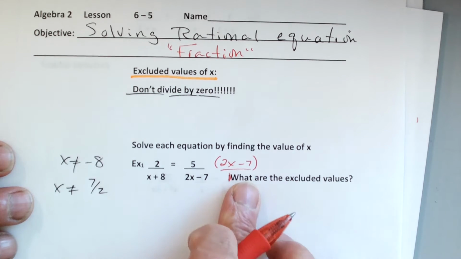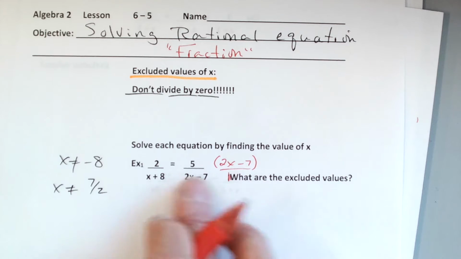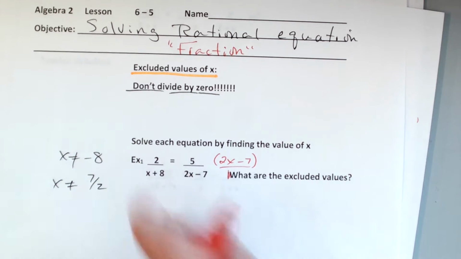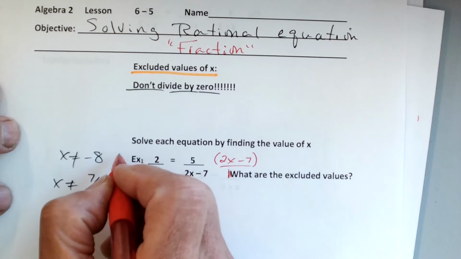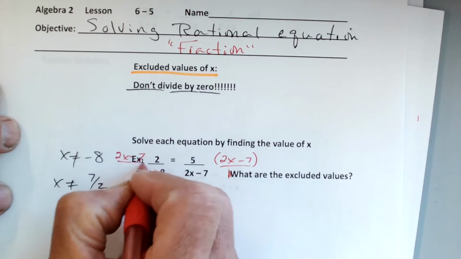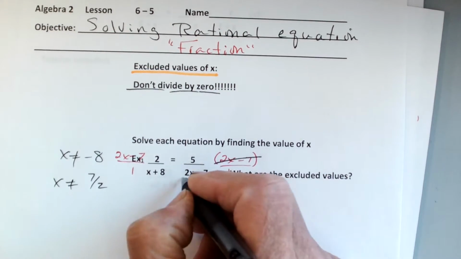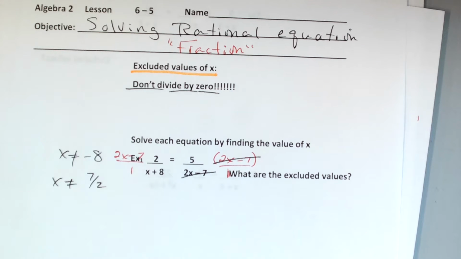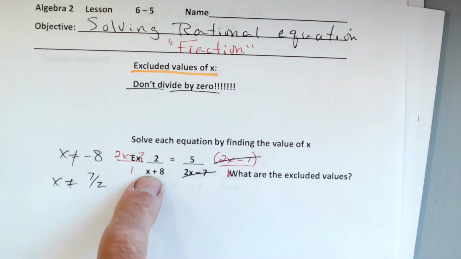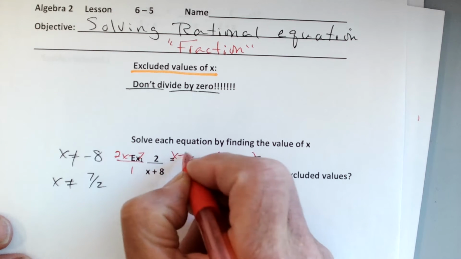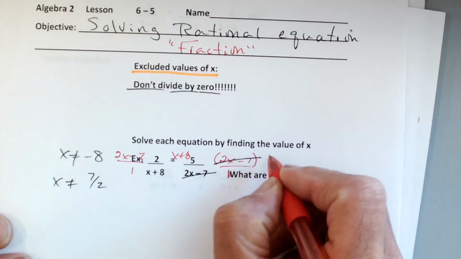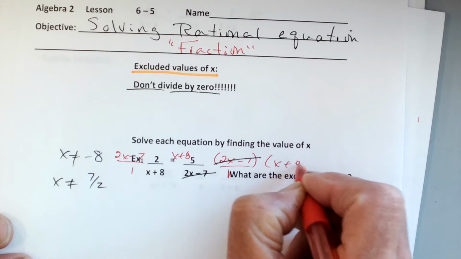But as an equation with an equal sign, what you do to one side, you have to do to the other side. So I better multiply by 2x minus 7 on this side, right? But then it cancels that out, right? And the same thing over here. If I multiply this side by x plus 8 and multiply this side by x plus 8, let's see what happens.